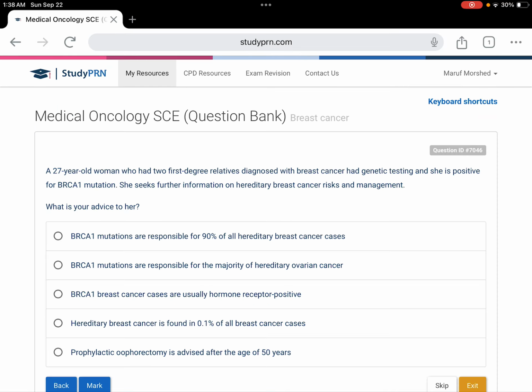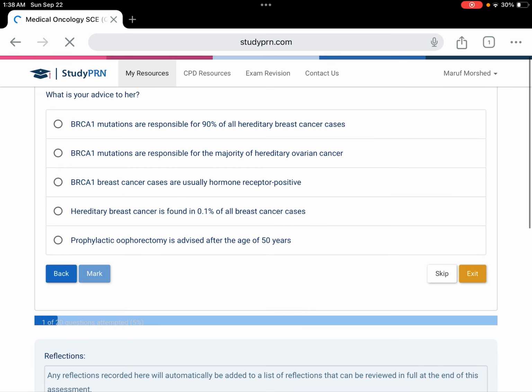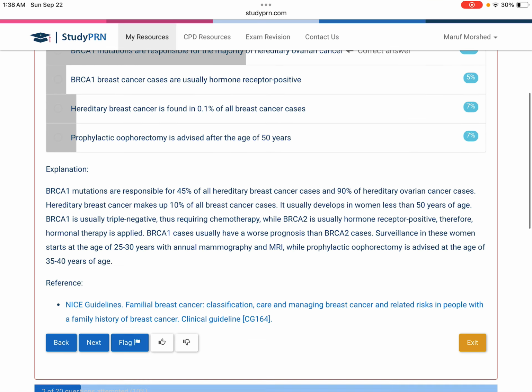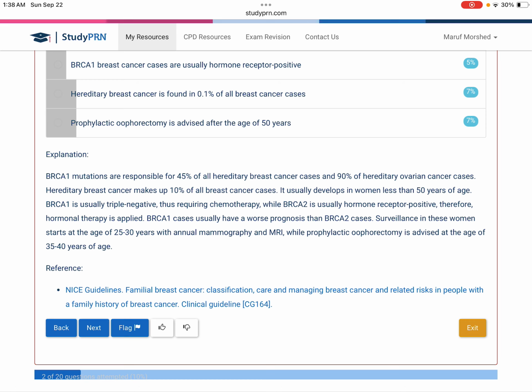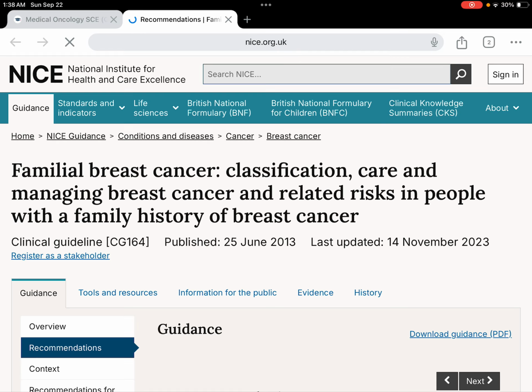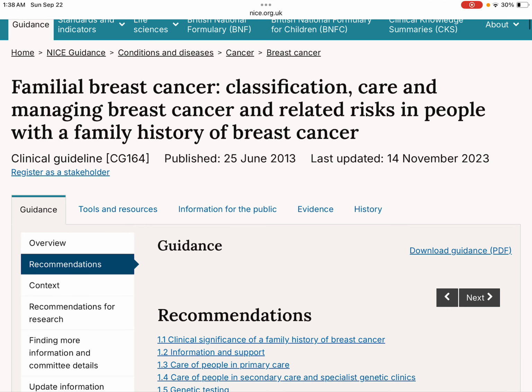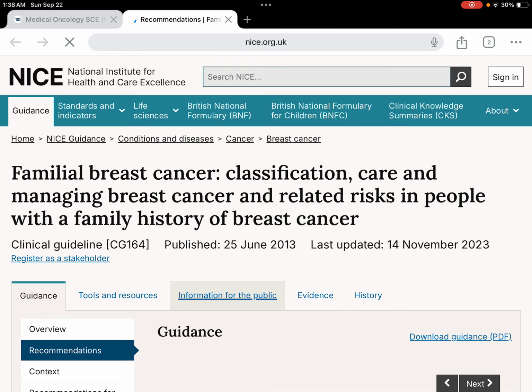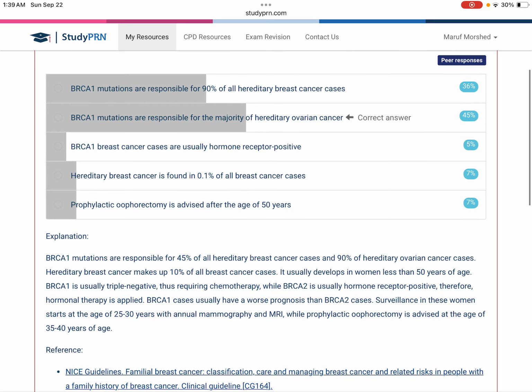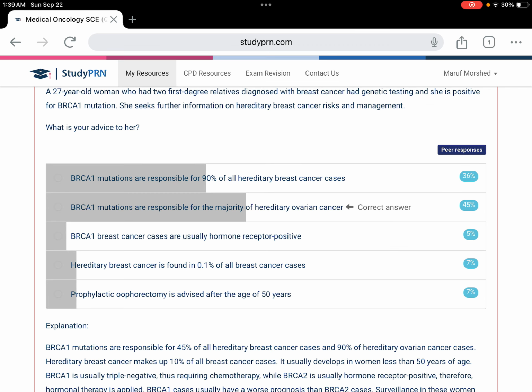Let's see the next question. If I mark it, you can directly see the answer. In this case they gave the reference from the NICE guidelines, and for the MRCP the NICE guidelines are most perfect, and you can go through this link and get the guidance. Every question gives you some reference, and you can read through it to increase your knowledge. So I think Study PRN could be a very good resource for the MRCP SCE exam.